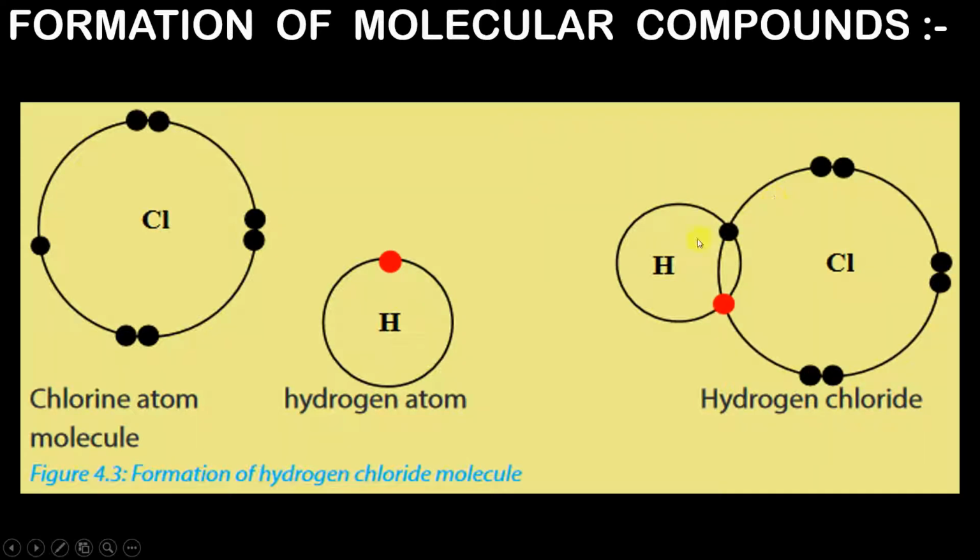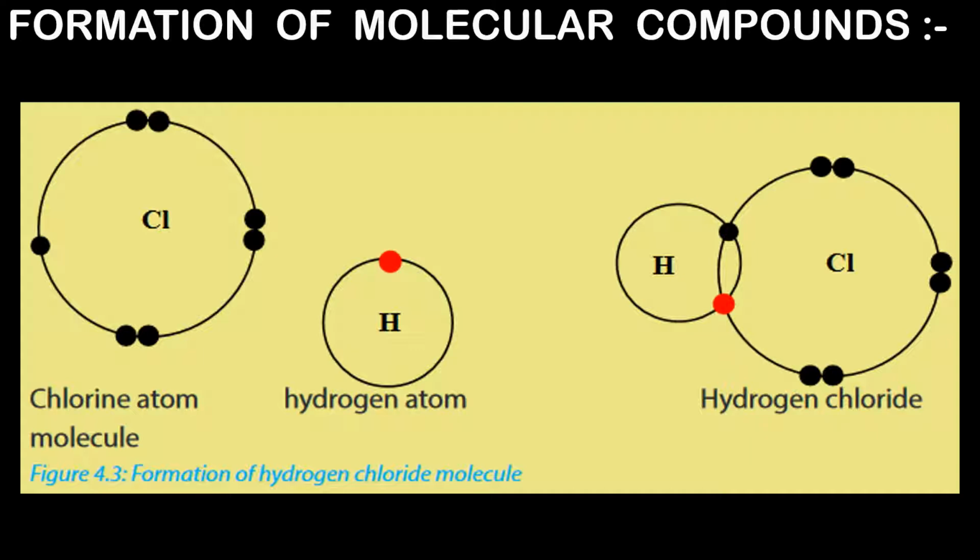So here there is no transfer of electron taking place. Instead, both the atoms are sharing the electrons, and the bond formed by the sharing of electrons is known as the covalent bond. So here you cannot distinguish which one is going through oxidation and which one is going through reduction.